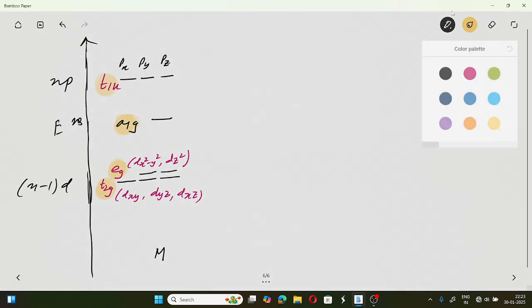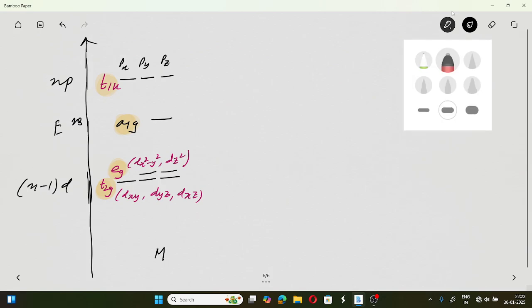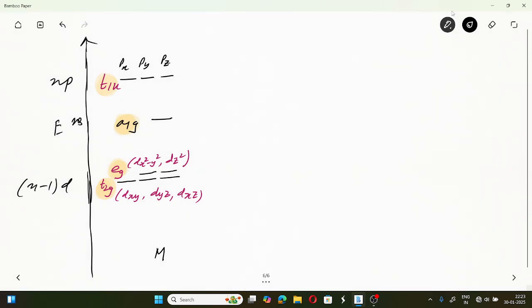Now if you look at the ligand group orbitals, LGO, we have already constructed the LGO, we need to show them in the energy level diagram. And for simplicity, we are considering the LGOs of more or less the same energy. So which are the orbitals which we have shown?